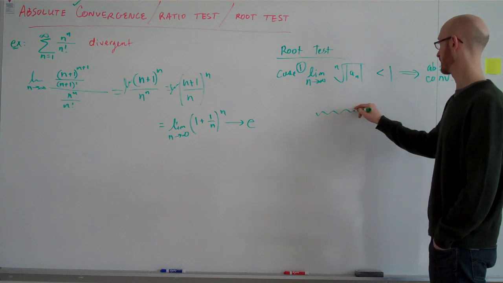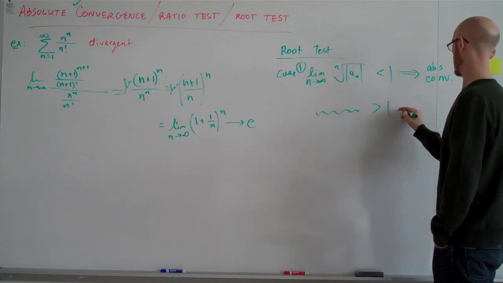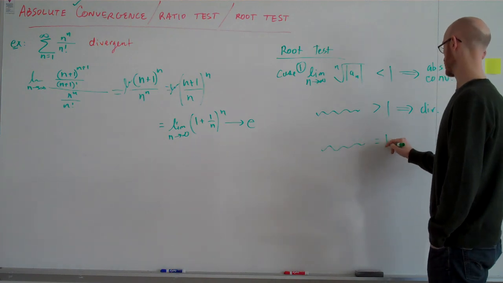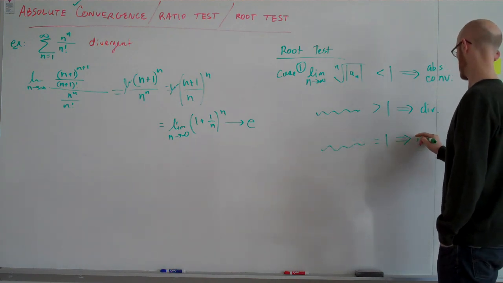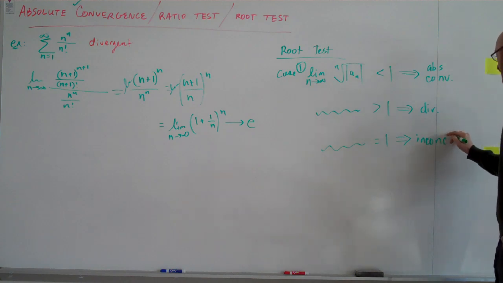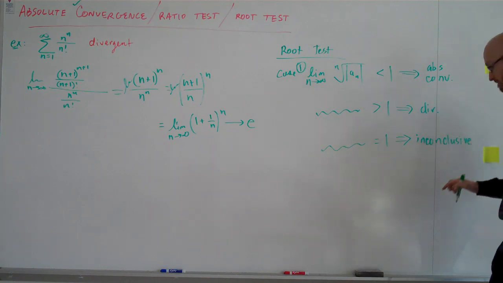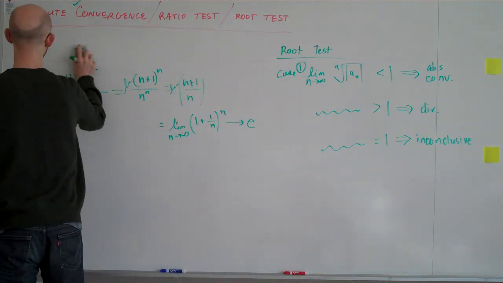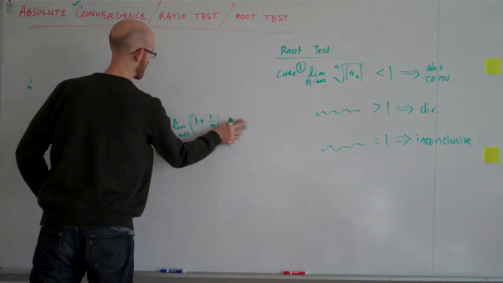If all that stuff is greater than 1, it's divergent. And if all that stuff equals 1, it's again inconclusive. And I'll give you an example of this, and then we'll be finished.